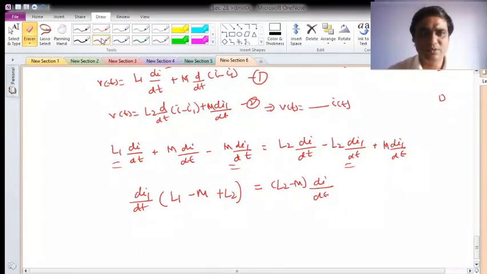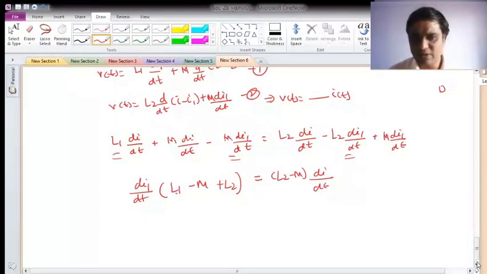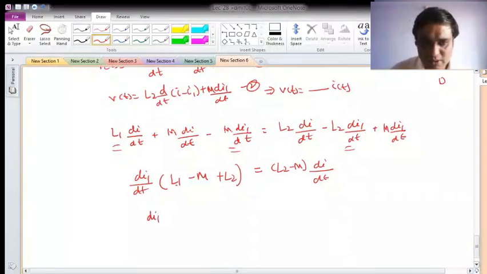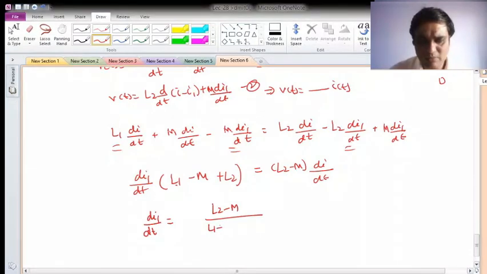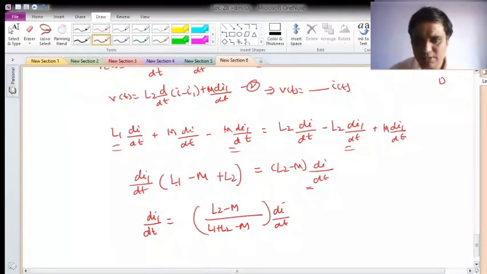If you solve, you will get di1 by dt, so di1 by dt will be L2 minus M over L1 plus L2 minus M into di by dt.